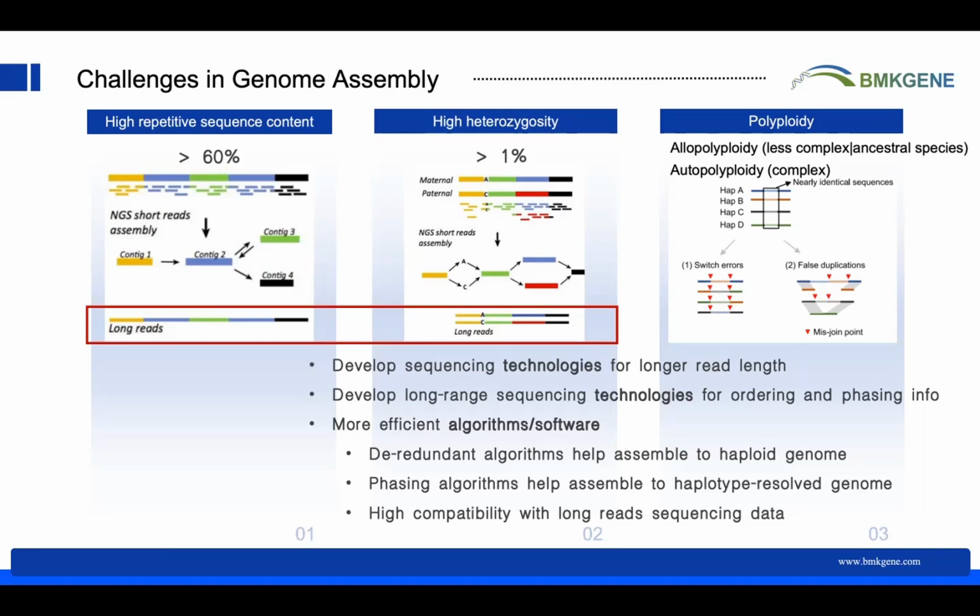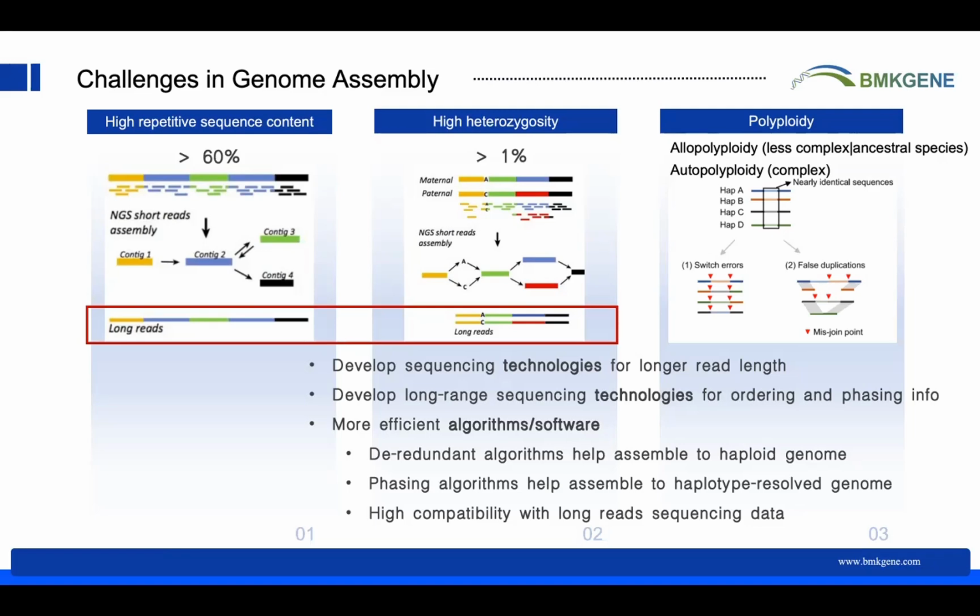That means we will assemble into different sets of chromosomes to maintain the genetic information within the bubbles. Also, long read sequencing has different methods for this purpose.